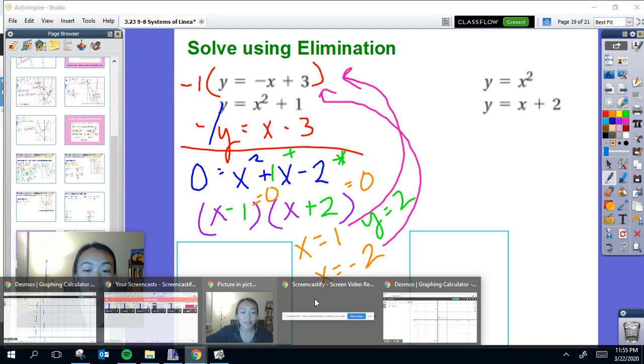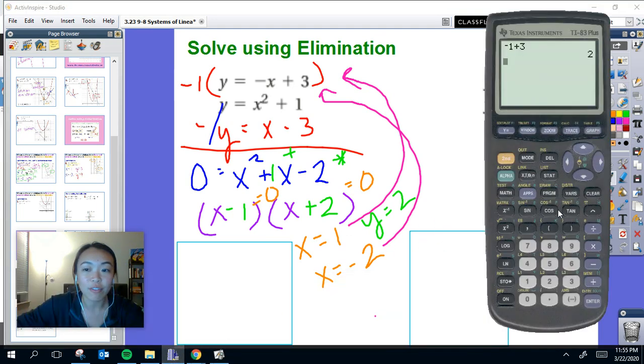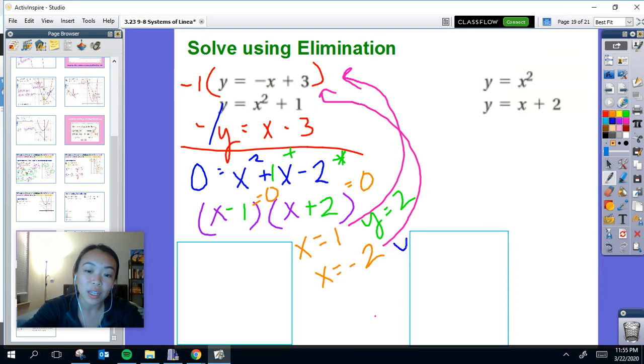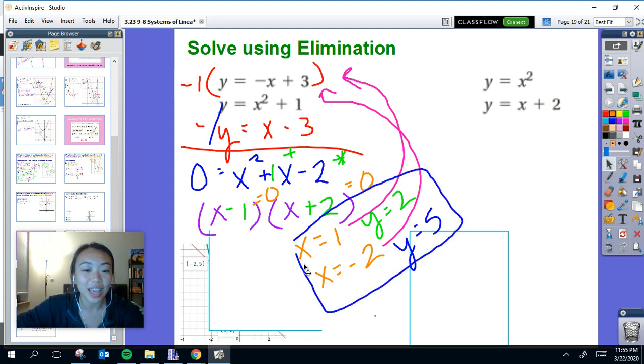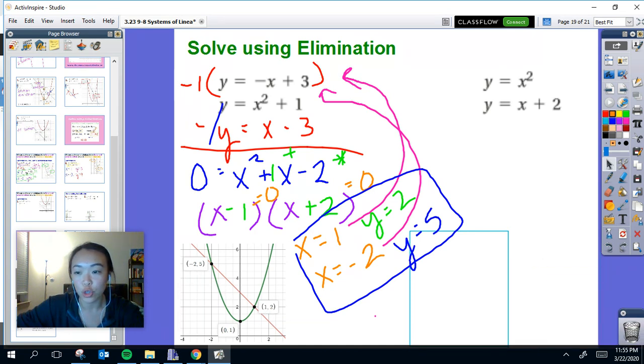And then my second one, I'm going to plug in a negative 2 value. So using this equation, I have negative 2 plus 3, and I should get 5. So when x equals negative 2, y equals 5. These are my two answers, and hopefully it's going to match what I have. Yes, it does, negative 2, 5, and 1, 2.